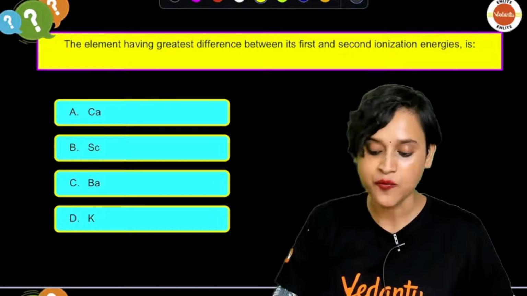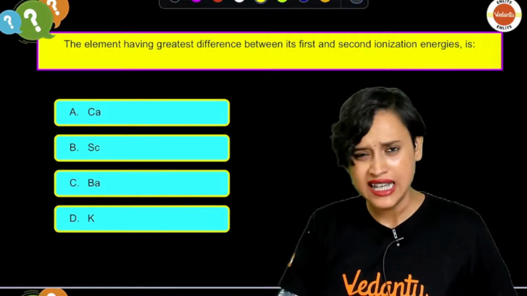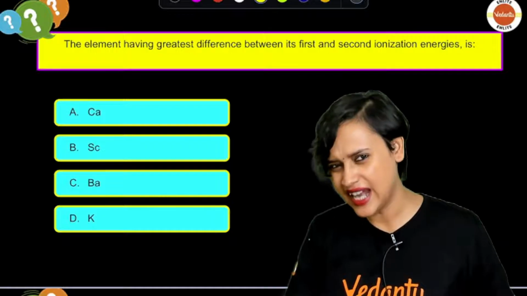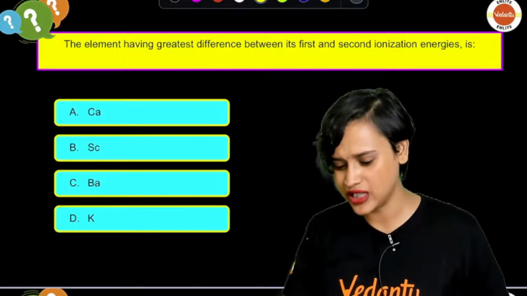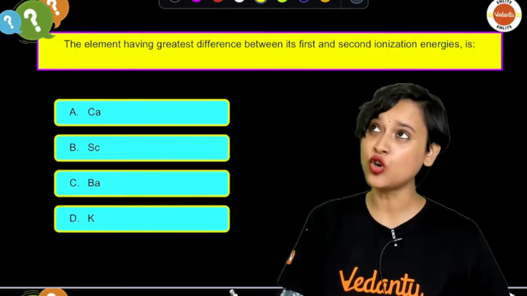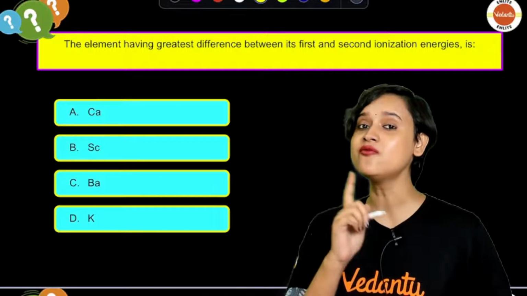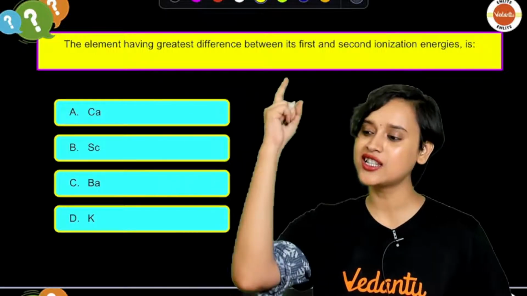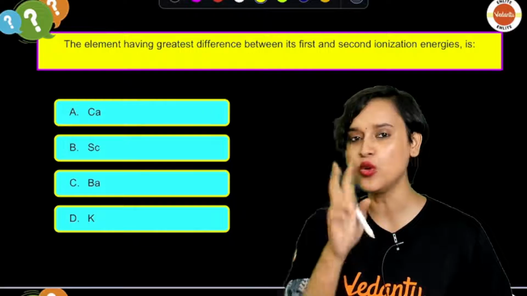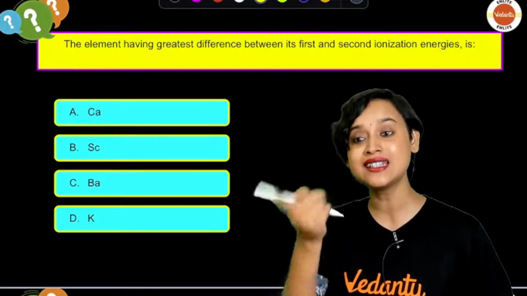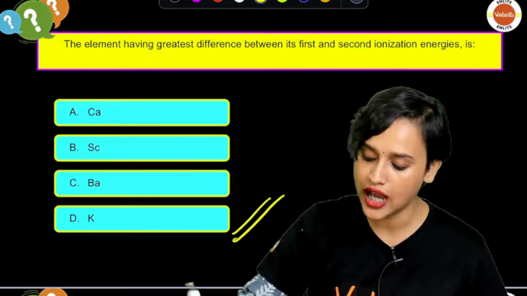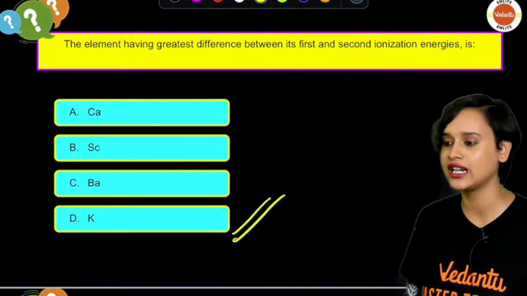Barium could be, but barium will have ionization energy 1 and ionization energy 2 both a little lesser than group 1. So in group 1 we only have potassium, and potassium is the correct answer.